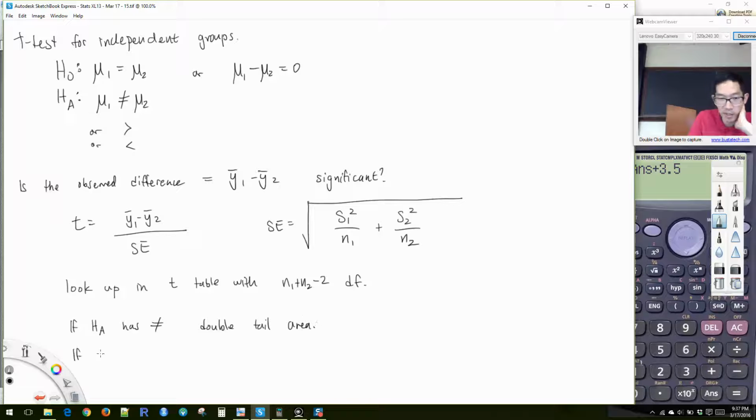If the alternative has a greater than or less than, check directionality first, and if the directionality is met, then your p-value is equal to the tail area.